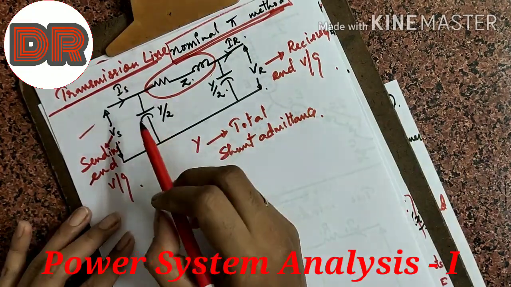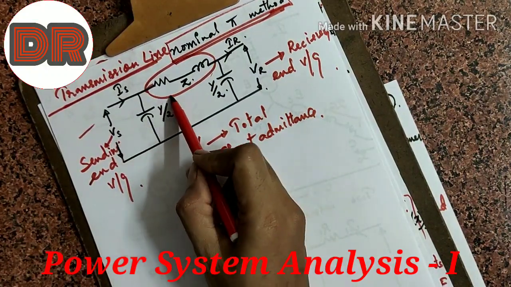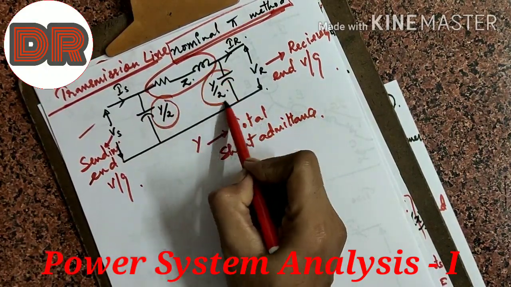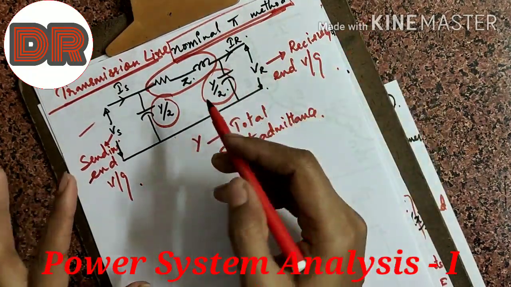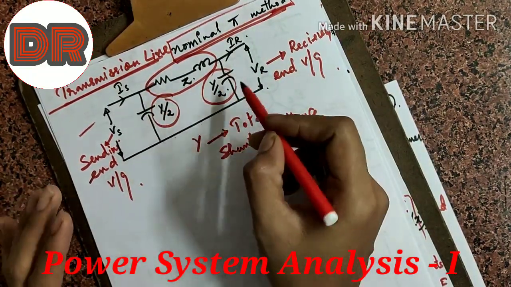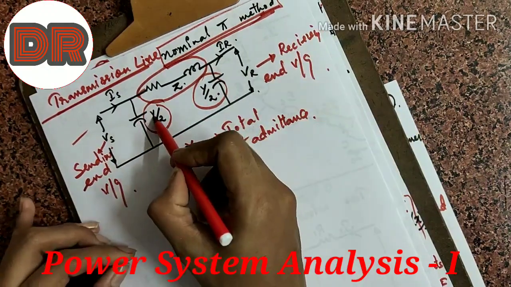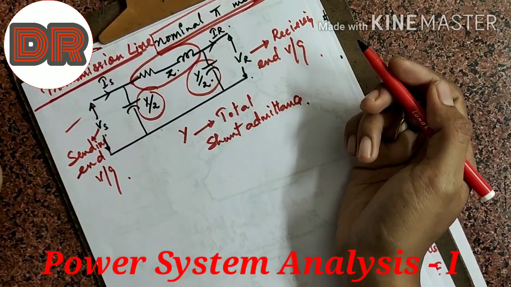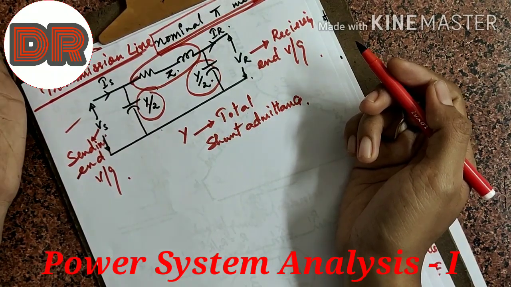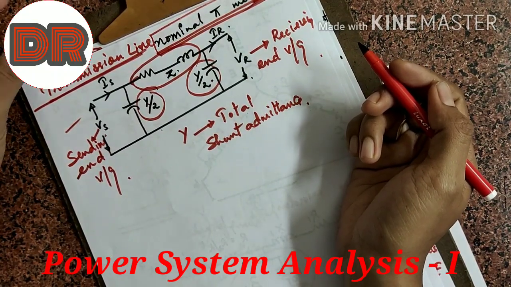Since it is the pi method, we have HLC, that is half line charge admittance, or Y by 2 on both ends. So Y by 2 on one end and Y by 2 on the other end, where Y is the total shunt admittance. All these are basic components, and they are single phase equivalent circuits.